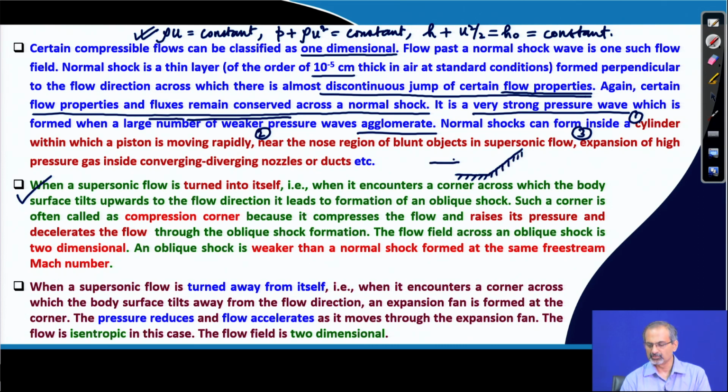You have an approaching supersonic flow from the left, and then there is a shock formation right at the corner. So, you can probably look at the problem like this, that the characteristics upstream of the shock look like this, the ones which are downstream of the shock may look like this, and then they are merging into the shock structure.